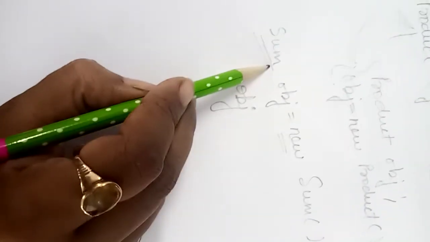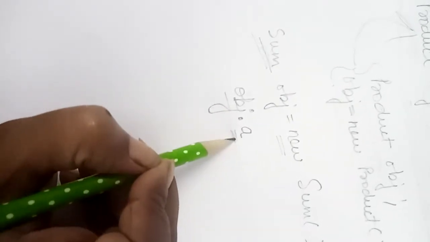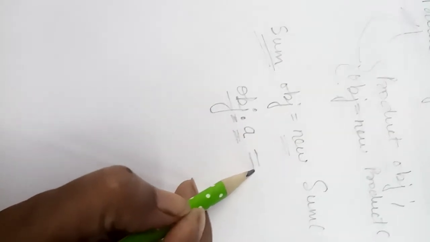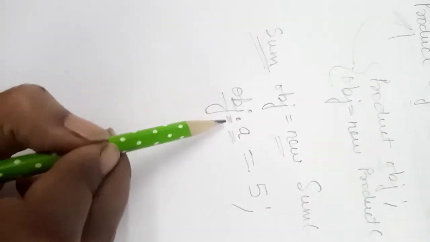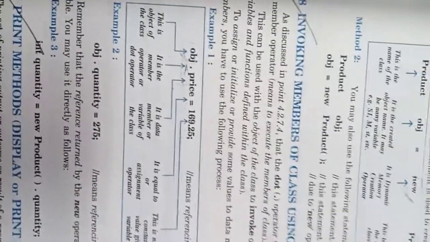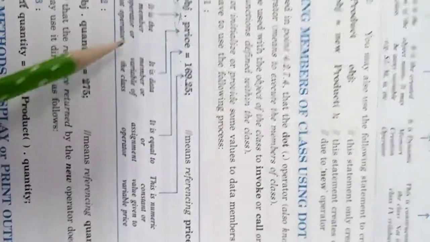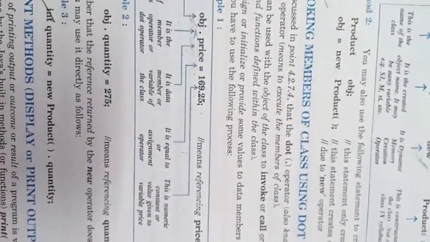Suppose this class is having a variable a, so obj.a, we are accessing the data member of class Sum with the help of this dot operator, equals to 5. So this is the way you can use the dot operator. So obj is the object of the class, dot operator to access the member, price is the data member or variable, and this is the value you are assigning to it.